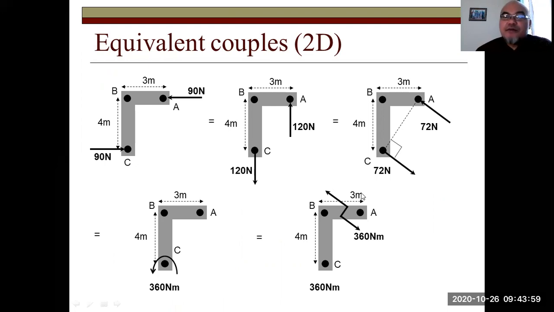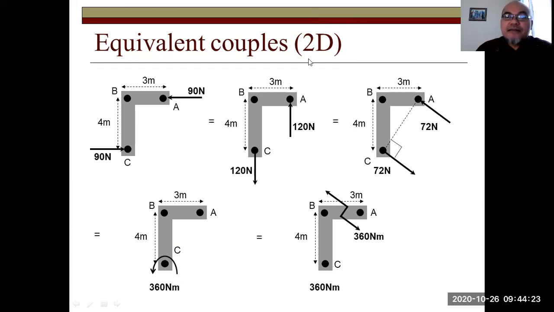There are 5 moments caused by different couples, or one single moment here. All of them result in the same moment, magnitude and also direction, which is 360 Newton meter counterclockwise. Let's have a look at the individual moments.